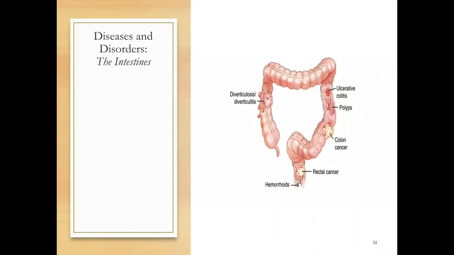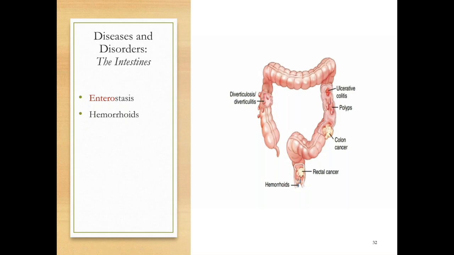Let's continue reviewing more diseases and disorders of the intestines. Enterostasis. Entero means intestine, and stasis means stopping. Therefore, enterostasis is the stoppage or delay in the passage of food through the intestine. Hemorrhoids are distended veins in the anal region.